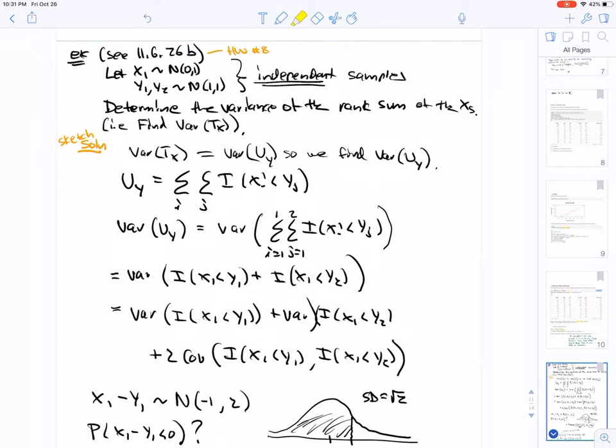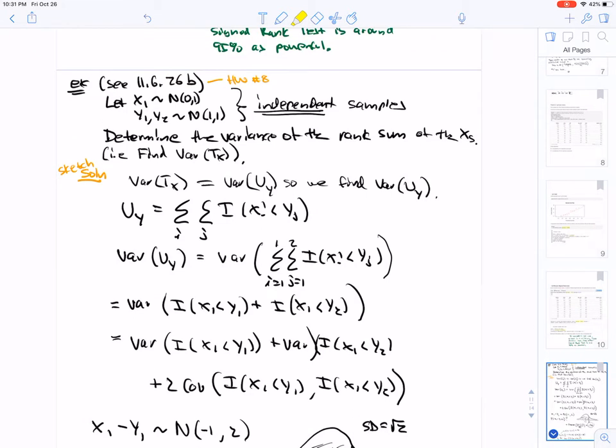So let's say this is my treatment. So this problem is referring to independent samples. So this is the Mann-Whitney test here. So determine the variance of the rank sum of the x's. Find the variance, in other words, find the variance of T_x.